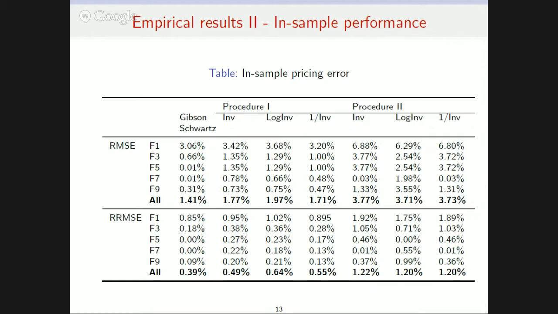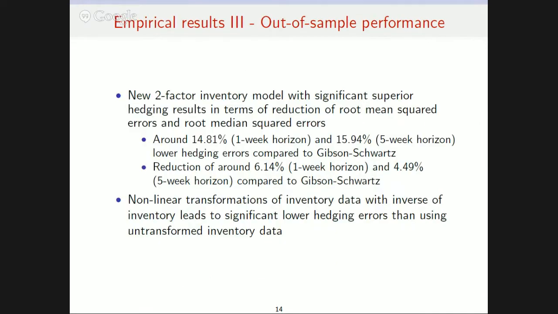But what is much more interesting is when we come to out of sample, because this is what the real people are interested in, and what is actually most important: how is the model's performance out of sample. And we will see that when we look at the hedging error, so what we did is we hedged the 7-month contract with the 5-month and the 1-month contract.